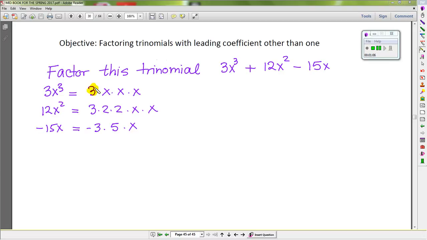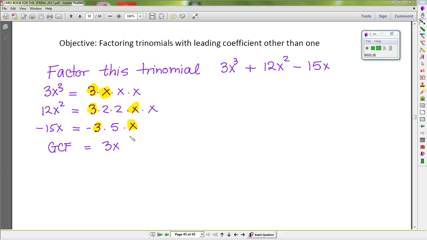First of all, they have the 3 as the common factor, and they also have the x as a common factor. Therefore, you can conclude that the greatest common factor for these 3 terms will be 3x.